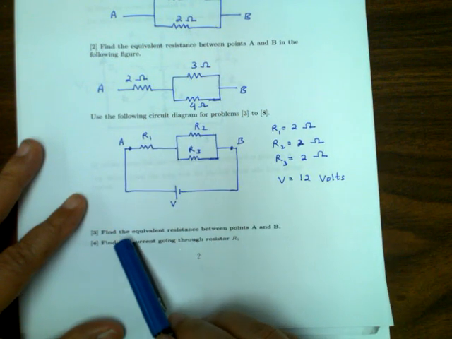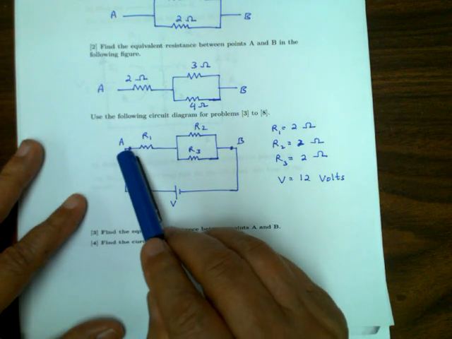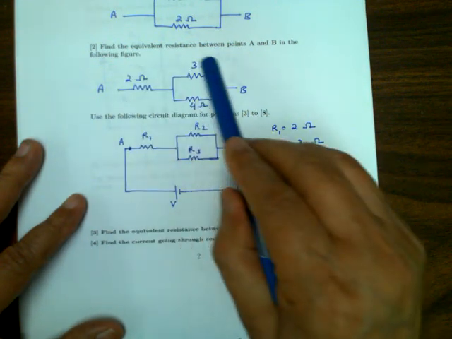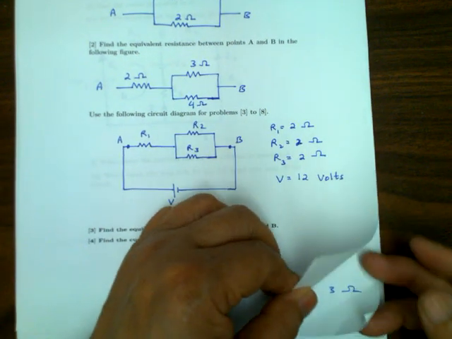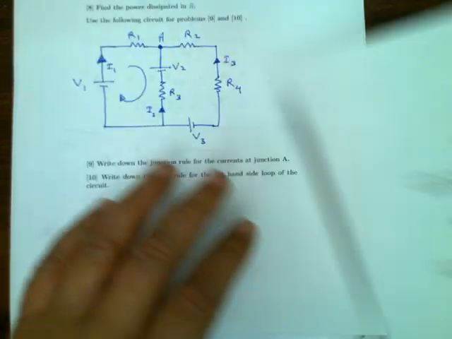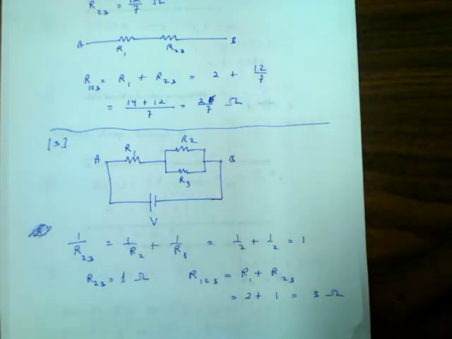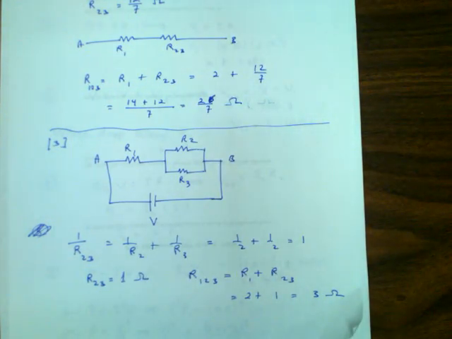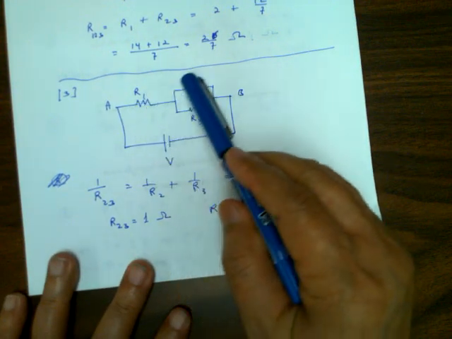Number 3, find the equivalent resistance between points A and B. So from A to B, exactly the same way as we did in number 2. So if we do that, let's see. So now I have R1, R2, R3.